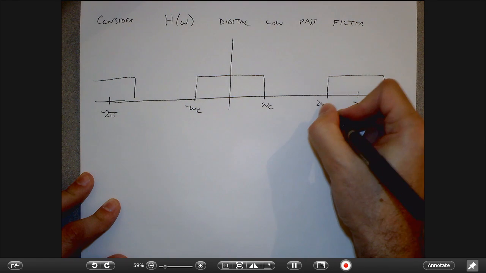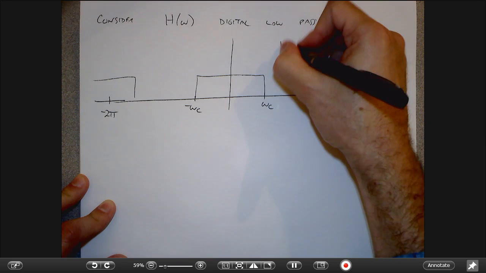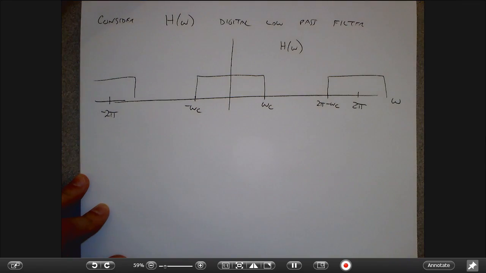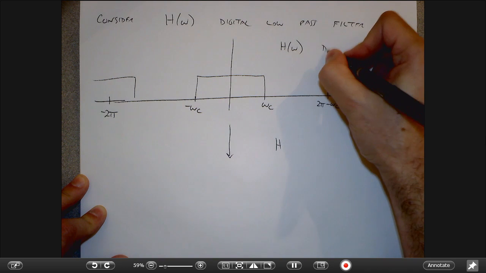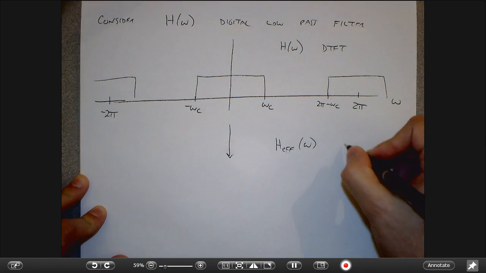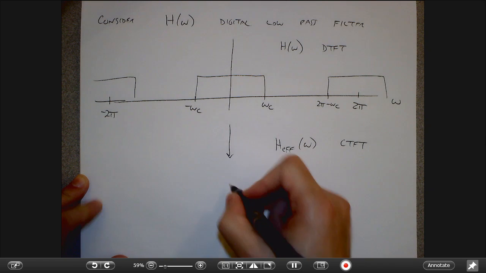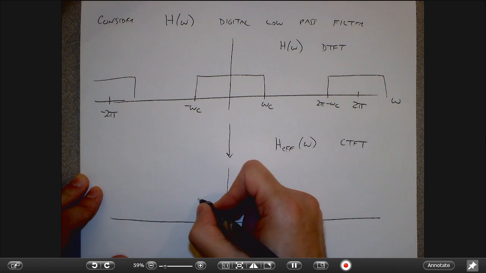And again, this is my H of omega. What my previous page tells me is that my effective frequency response in the continuous time world is simply the middle copy of this, scaled.